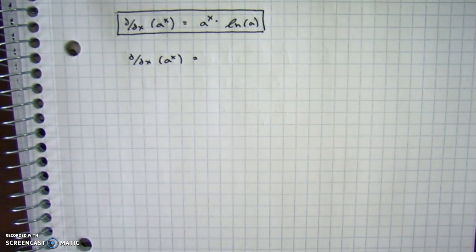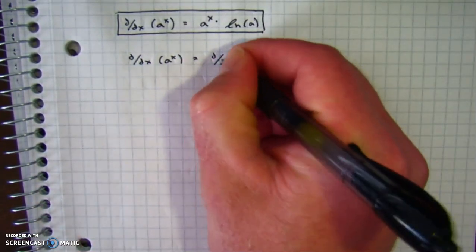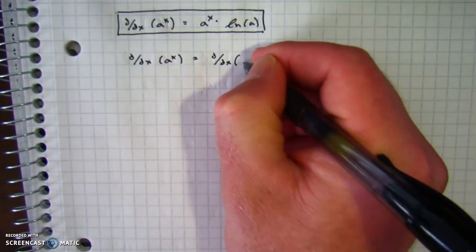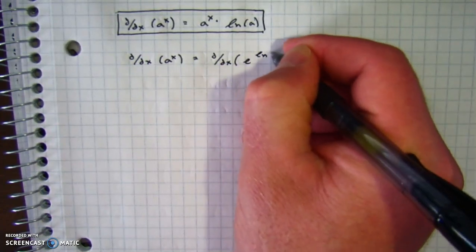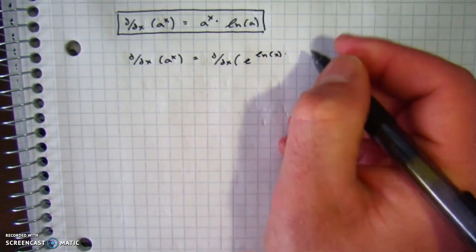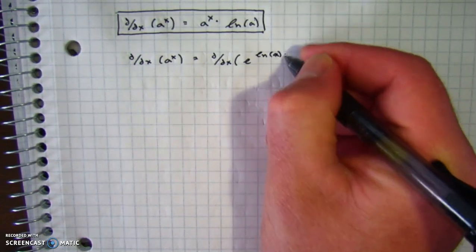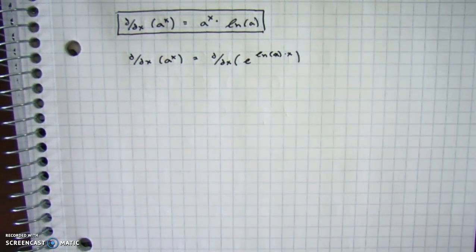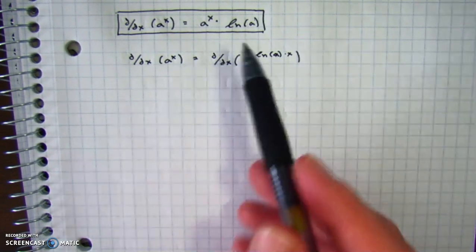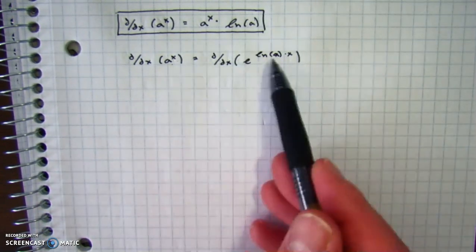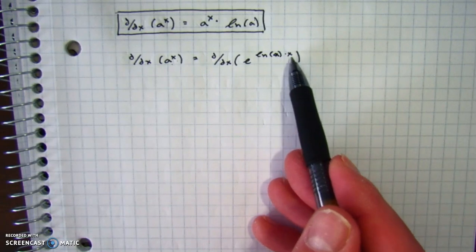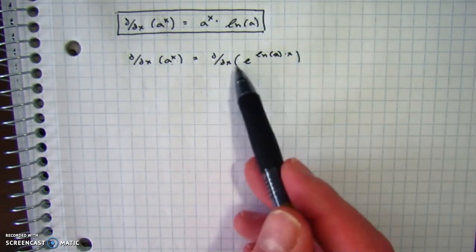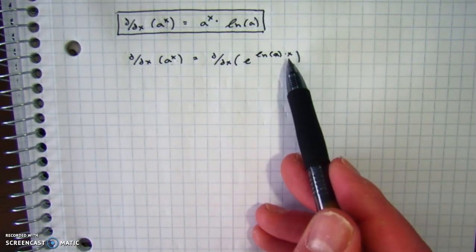So one of those things is that a to the power of x can be rewritten as e to the natural log of a times x. Again, a to the x is the same as e to the natural log of a times x.